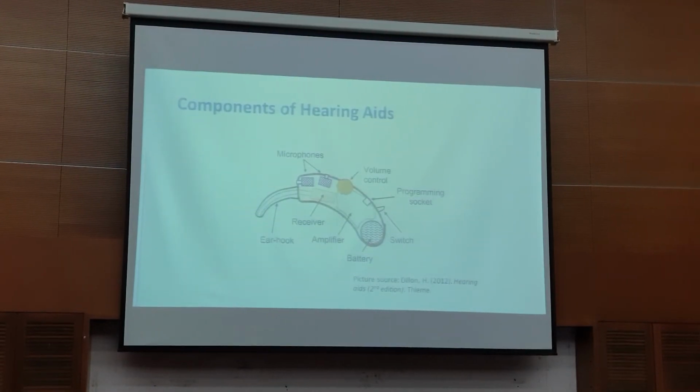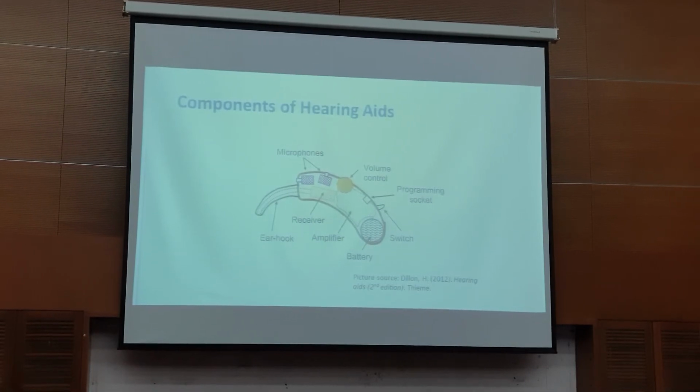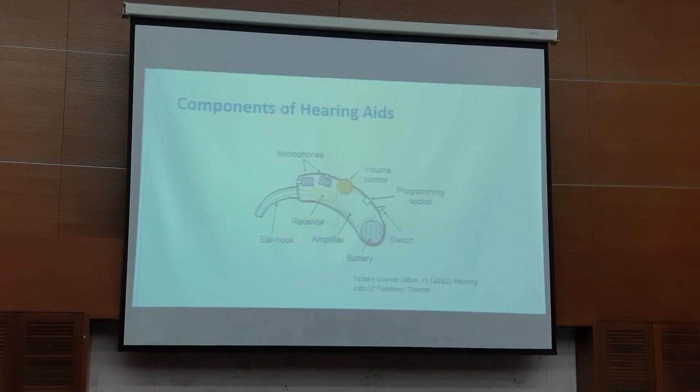These are the components. I don't want you to remember them, no need. I just want to say what the basic components are because it will help you understand the function of the hearing aid. You basically have the microphone to pick up the environmental sounds and change them to electrical signals.